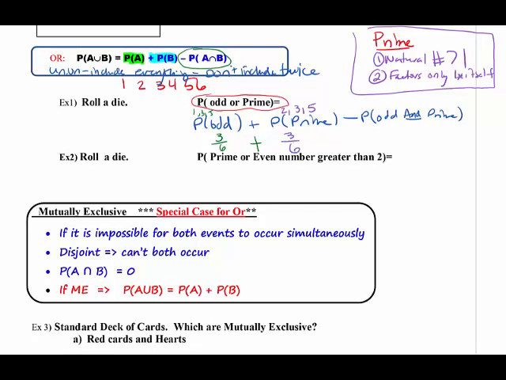The last piece you need to be careful on there is you need to subtract off any of those numbers that overlap because we don't want to include them twice. If I look at those numbers, the 3 and the 5 repeat. I don't want to include them twice, so I need to subtract those off. So I'm going to subtract 2 out of 6. So 3 plus 3 gives me 6 over 6 minus 2 over 6, which is 4 over 6.